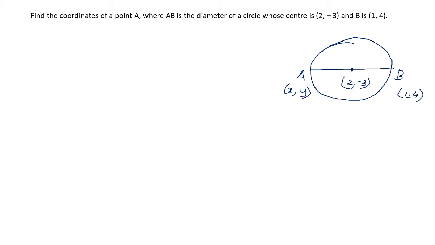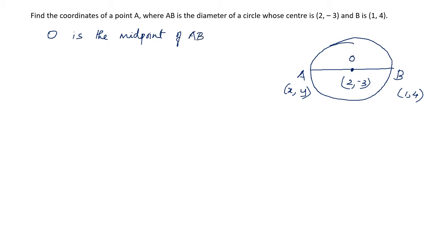Now what do you know about this center? The distance is equal, BO equal to OA. Anything else that you know? Center means it is the midpoint. Yes, that is correct. O is the midpoint of AB.